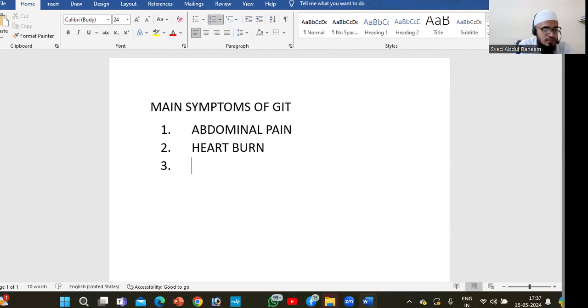Next, the third symptom related to the gastrointestinal tract is nausea and vomiting. Nausea may be from the stomach also.